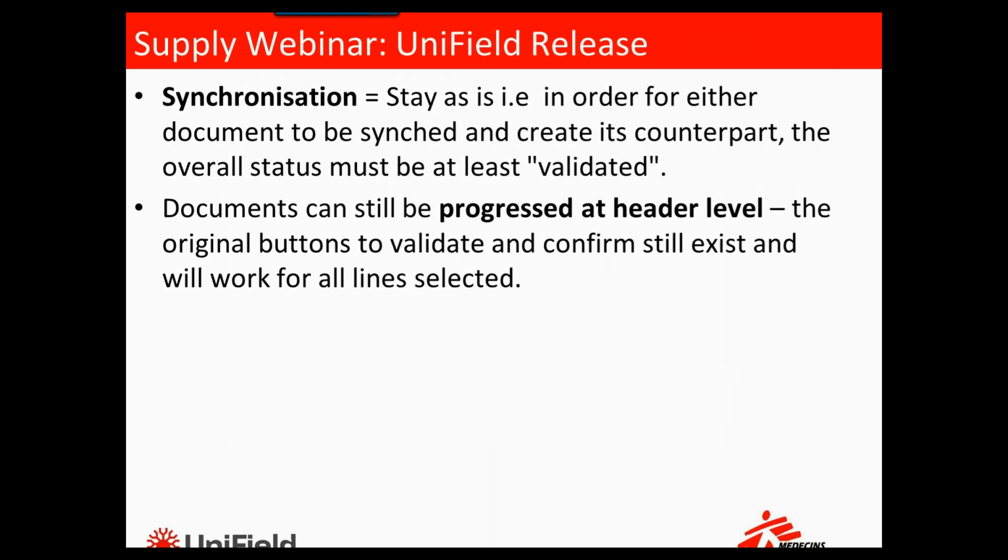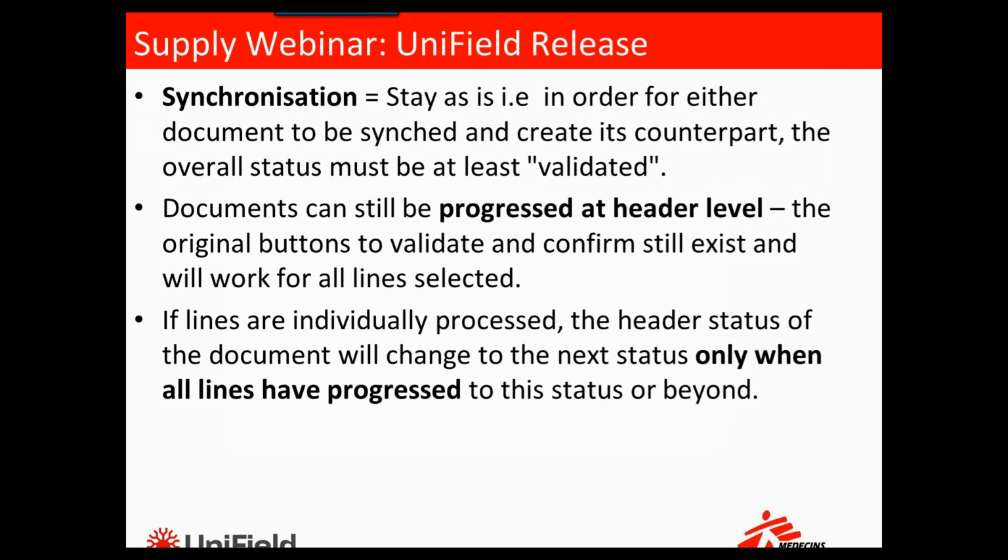All the buttons that you have on the document are still going to be there. Only after you have fully made your choices with all the lines is when your header document is going to change. So if there was one line that you had processed all the way to incoming shipment, and you cancel it and resource it, and it's taken back to the order sourcing tool for you to choose another new supplier, your original field order or IR will never change its status to, let's say, closed until you've finished sourcing that whole line.